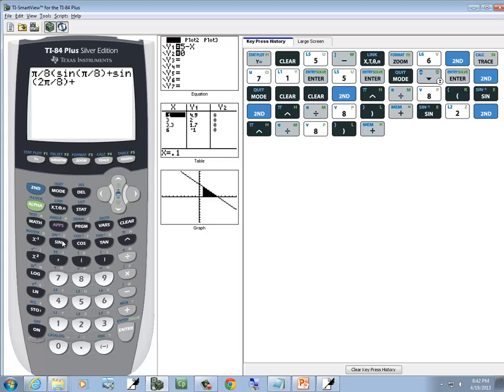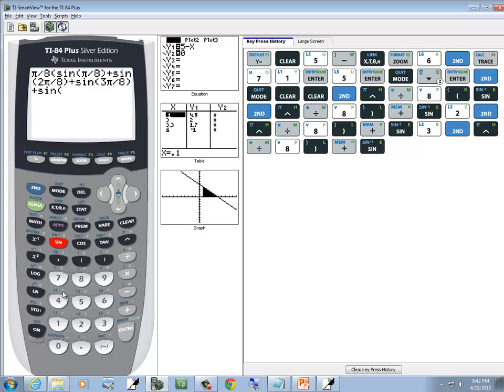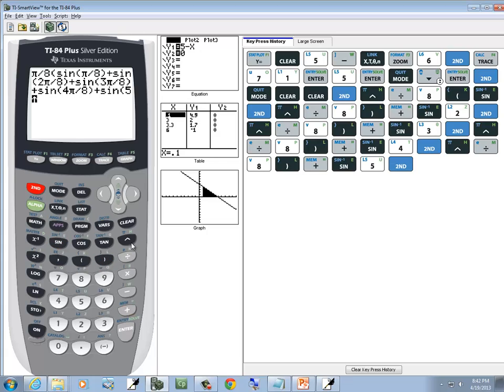plus sine of 3 pi divided by 8 plus sine of 4 pi divided by 8 plus sine of 5 pi. Be a miracle if I don't screw this up.